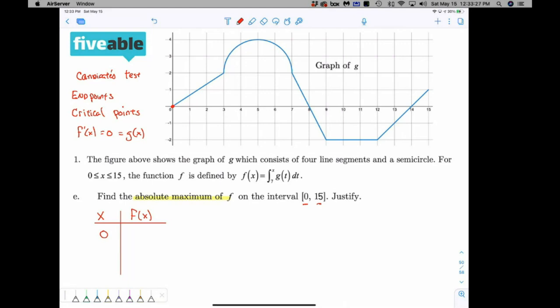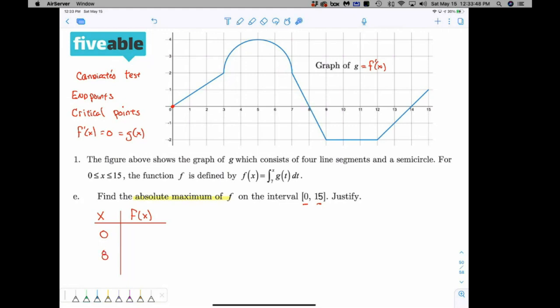Now our next candidate is going to come where we find a critical point, which means where F prime is 0, which means where this graph is equal to 0. So this is actually a critical point and an endpoint. As we keep moving along the graph, the next critical point we see is right here at 8. So we're going to make 8 a candidate.